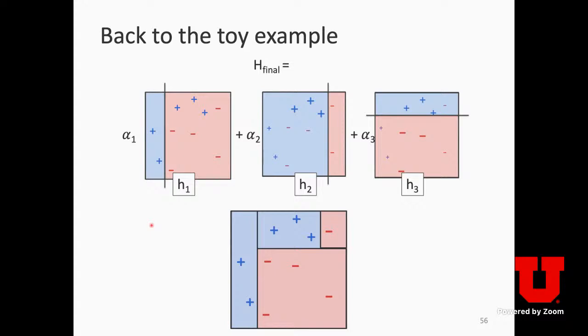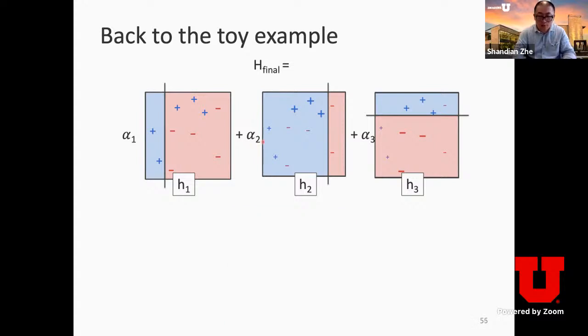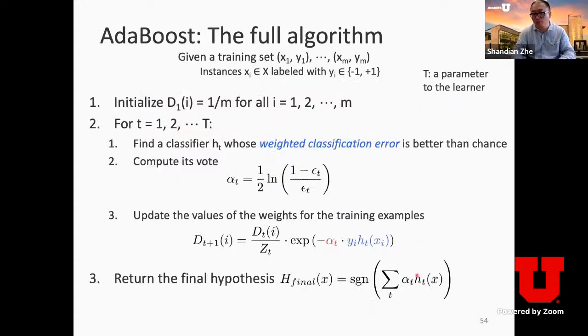Yes. Of course, this is just conceptually how you combine them, but in actual prediction, you feed the same example to all the H1, H2, H3, up to H big T, and then you combine the predictions together.